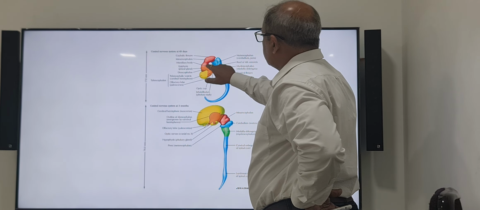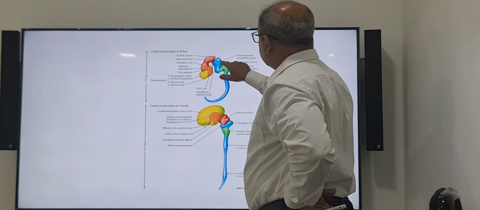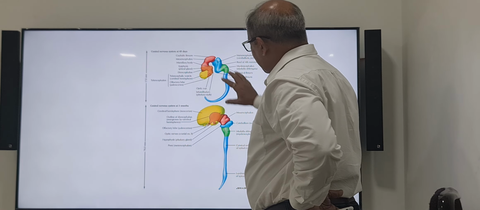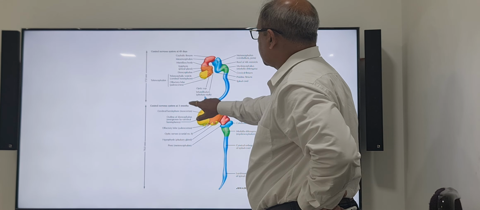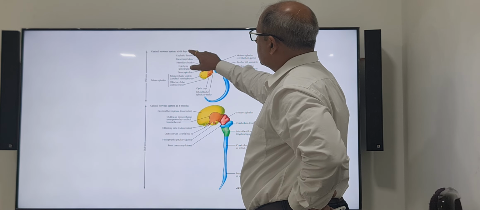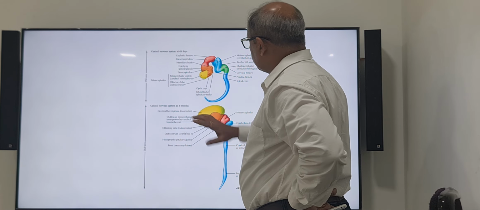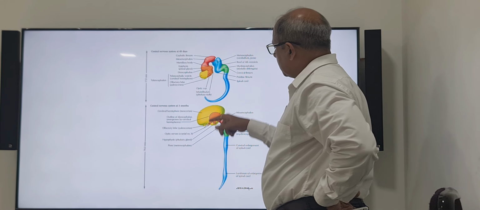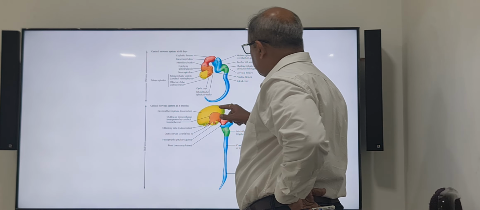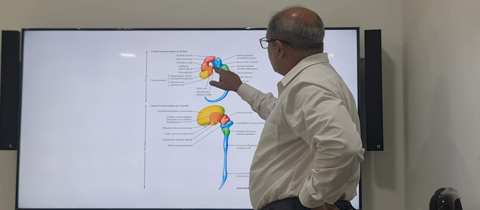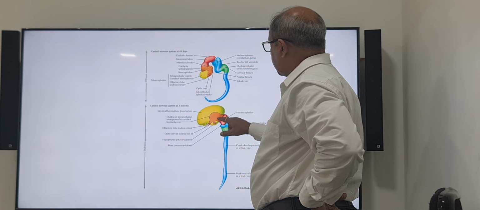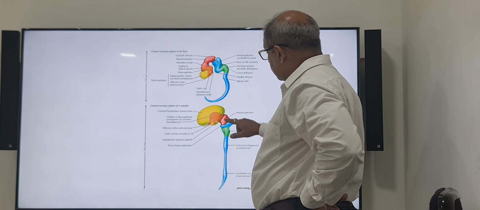There are multiple things which are developing at the same time. You can see the same thing changing in the central nervous system at 49 days, at the third month. See what happens with the telencephalon. The telencephalon becomes a big area covering most of the diencephalon, and the midbrain is here.